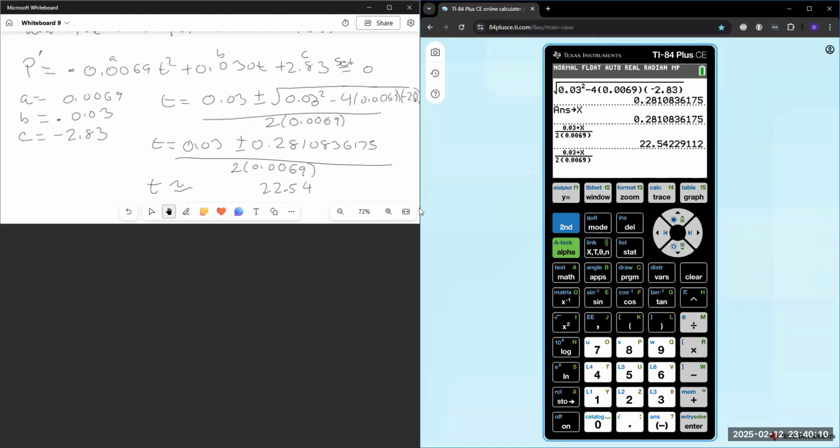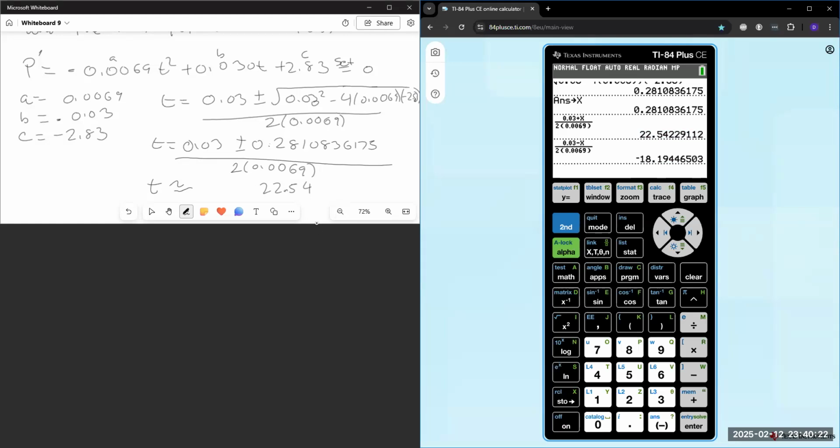Second entry, make this a minus instead of a plus here, and I get negative 18.19. That doesn't make any sense for a time. That time where I reach my turning point, my maximum, where I'm going up and coming back down, is way outside my boundary of what I'm interested in between 0 and 13.